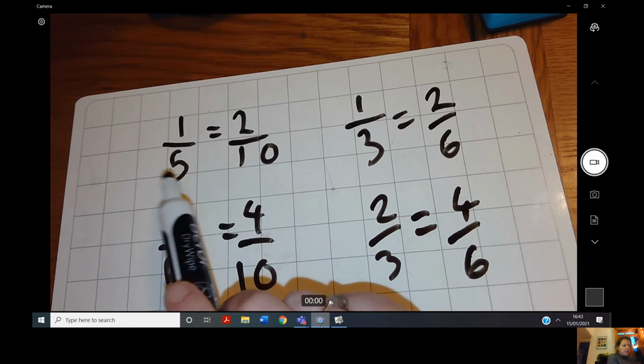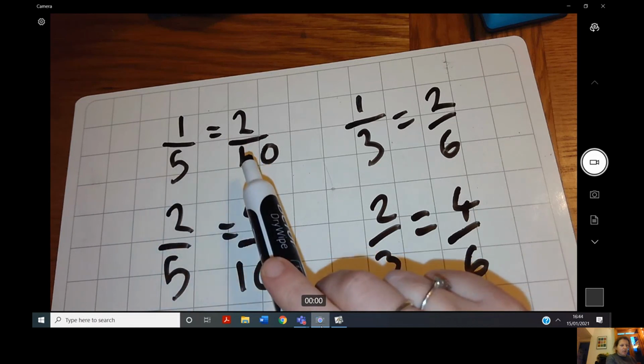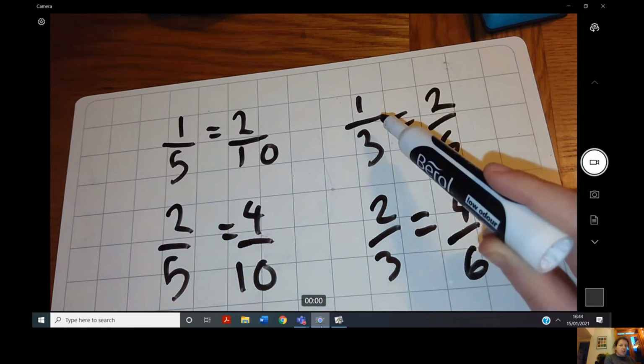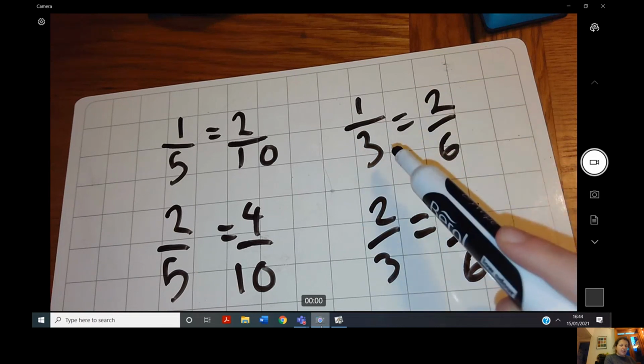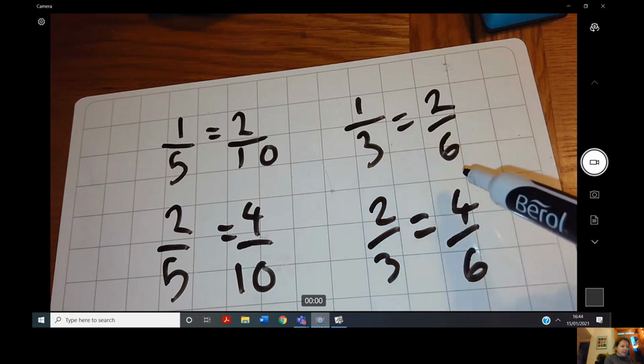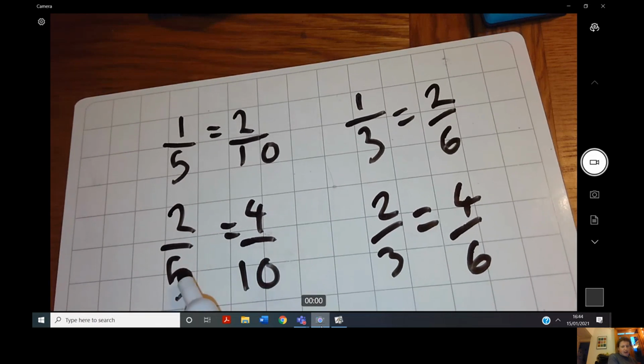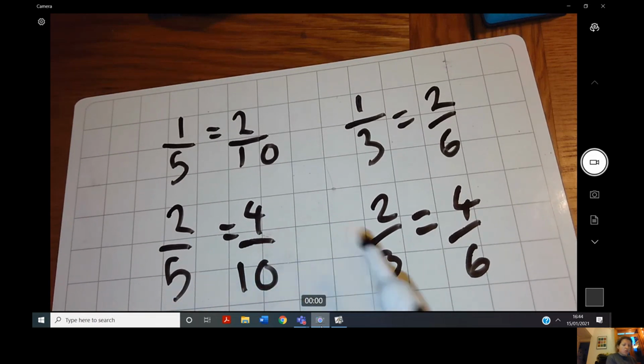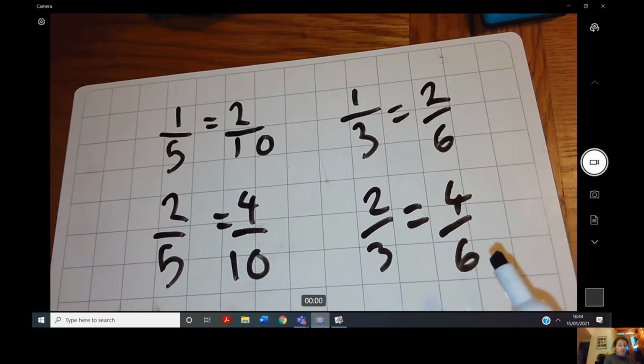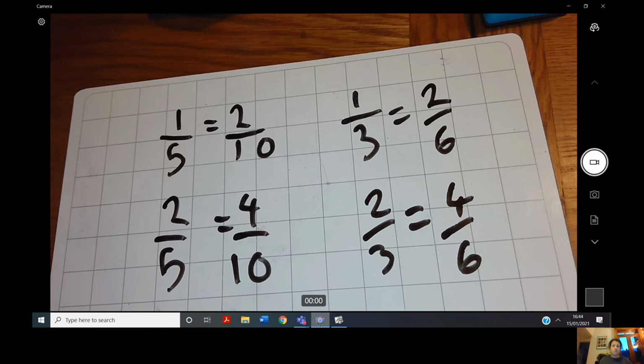What do you need to do to 5 to get 10? What do you need to do to 1 to get 2? What do you need to do to 3 to get 6? What do you need to do to 2 to get 4? Answers on Seesaw, please. And then I will confirm whether you've got the sneaky trick right at the start of the next lesson.